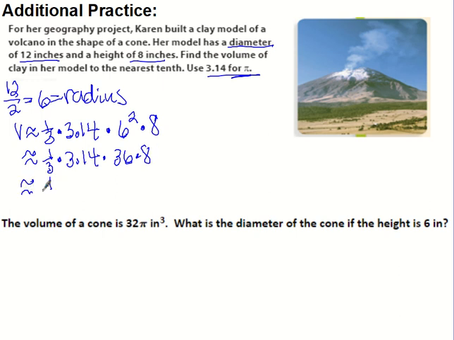So 1/3 times 3.14 times 36 times 8. Let me double check that because I worry I pushed it twice. Nope.